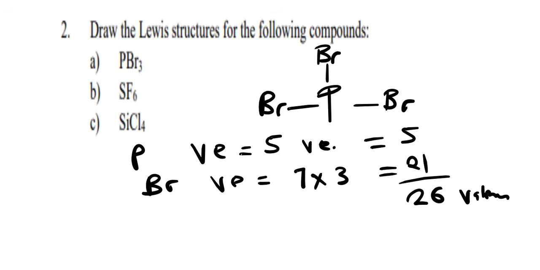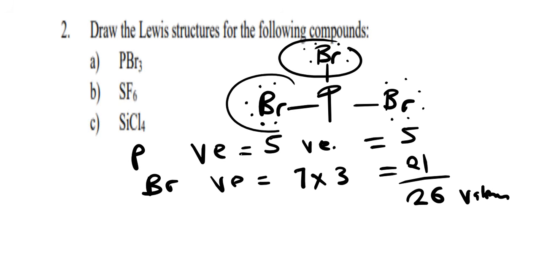Now that we have that, we just have to arrange all the atoms. So what are we now going to have? So how many electrons are used? If we put electrons, this is 1 2 3 4 5 6, 1 2 3 4 5 6, 1 2 3 4 5 6. Okay, so this is 8, this is 8, this is also 8.